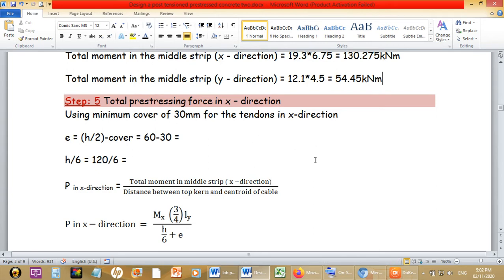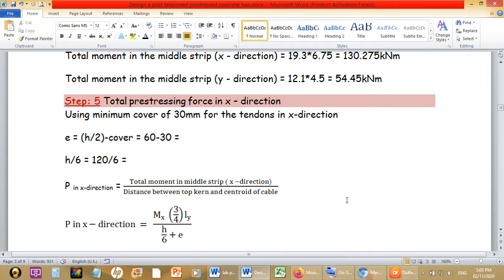In that we have seen the triangular shape stress diagram, and from that stress diagram we have the total compressive force, total tensile force, and the lever arm.